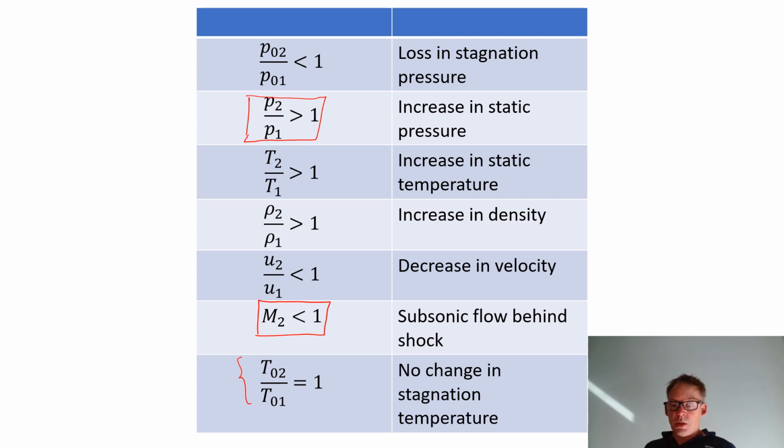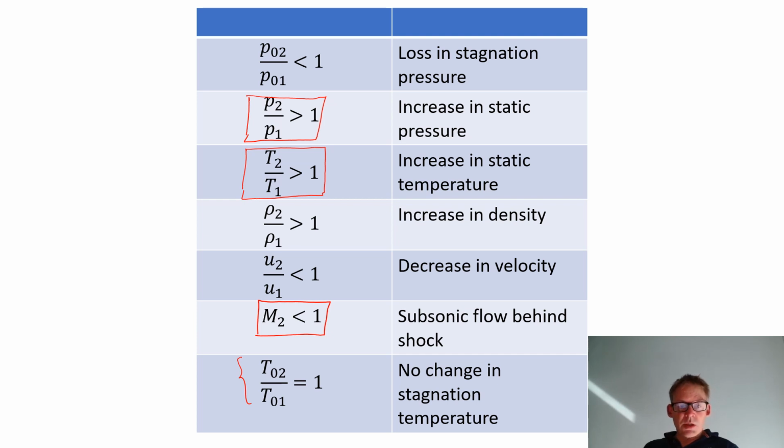The flow is essentially compressed and pressure goes up. The temperature increases across a shock, so things get hotter. And you can have an intuitive sense that that's the case.